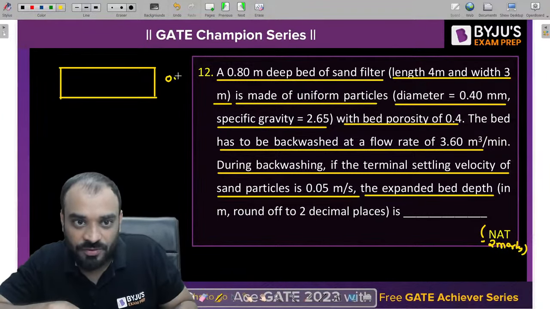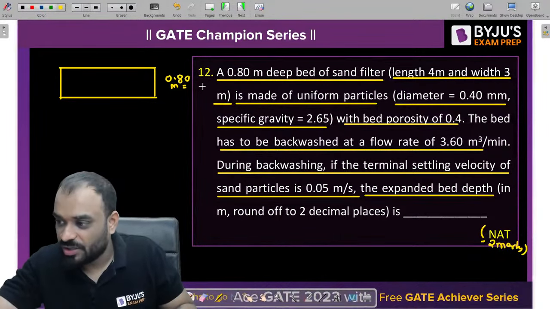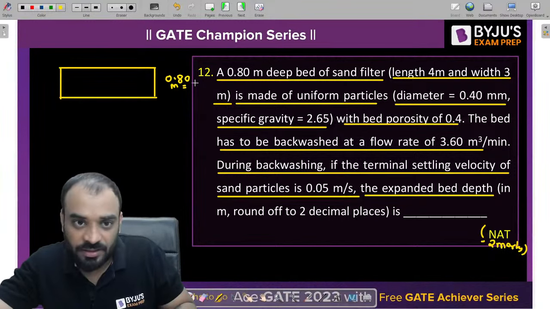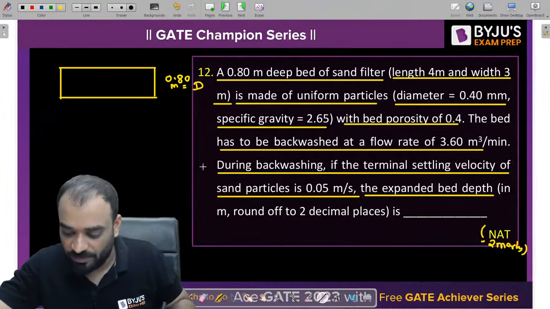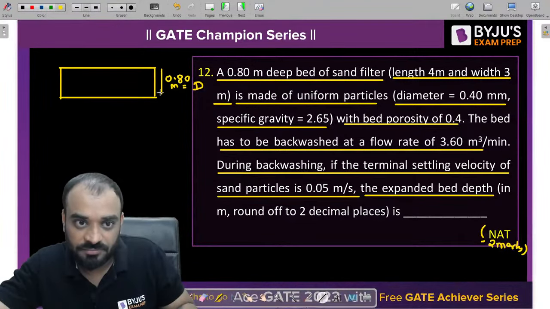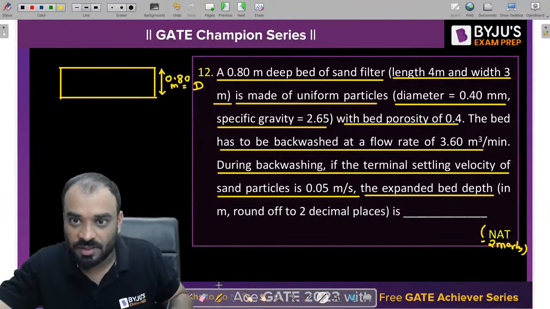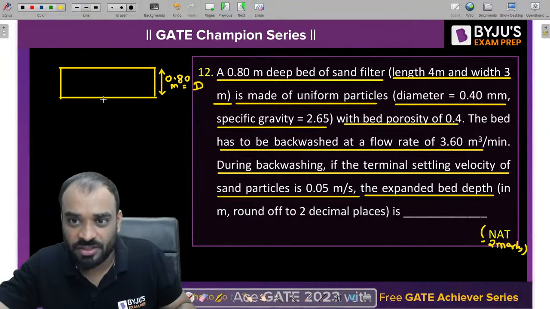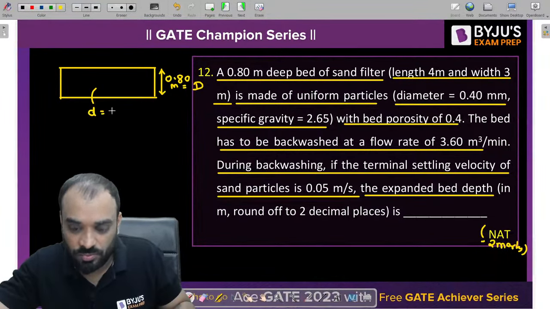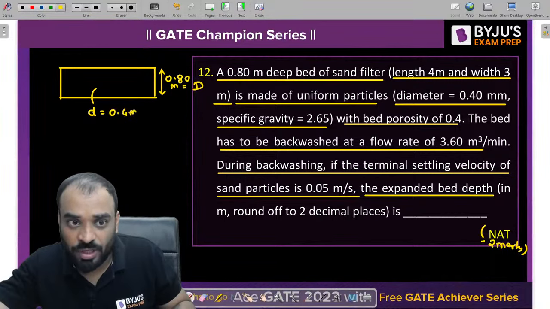So this value is basically 0.8 meter, and this is the initial value, which you can write here, guys, as D. Let us suppose D is the depth of the filter bed initially. The dimensions are given to us, the length and the width of the filter bed are already mentioned, and the particle we are using has a diameter of 0.4 mm.